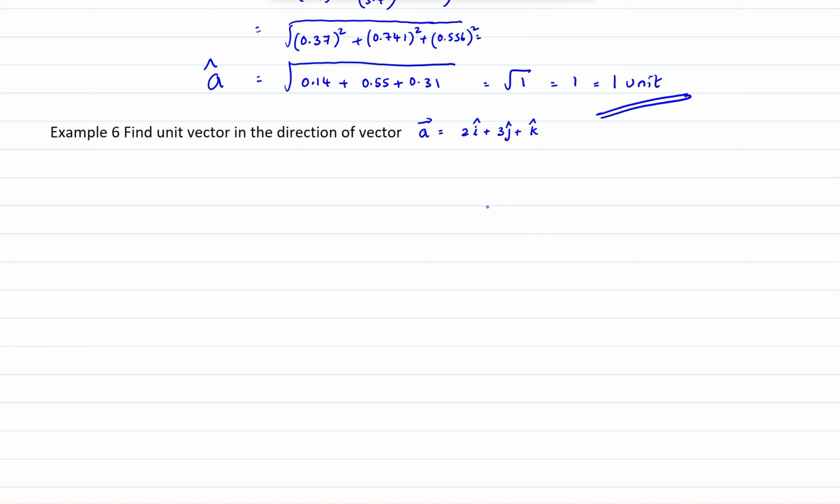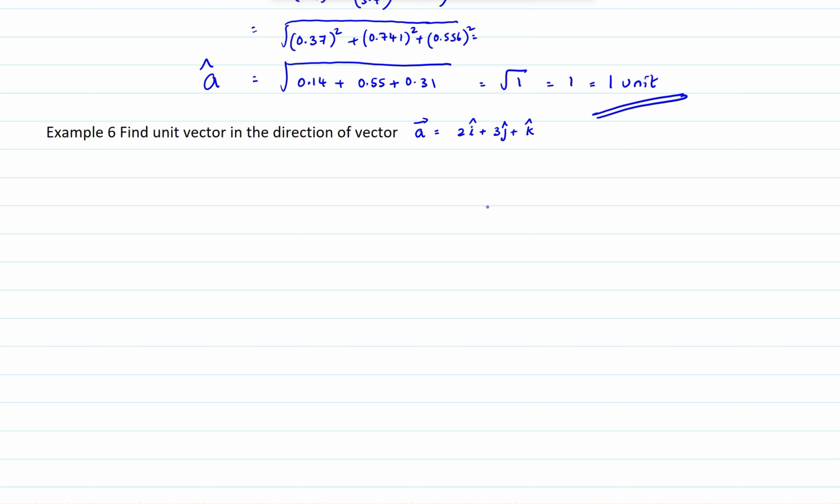So it's basically a vector. The unit vector, a cap, is given by the vector divided by the length of the vector, or the magnitude of the vector. So 2i plus 3j plus k divided by root of 2 square plus 3 square plus 1 square.